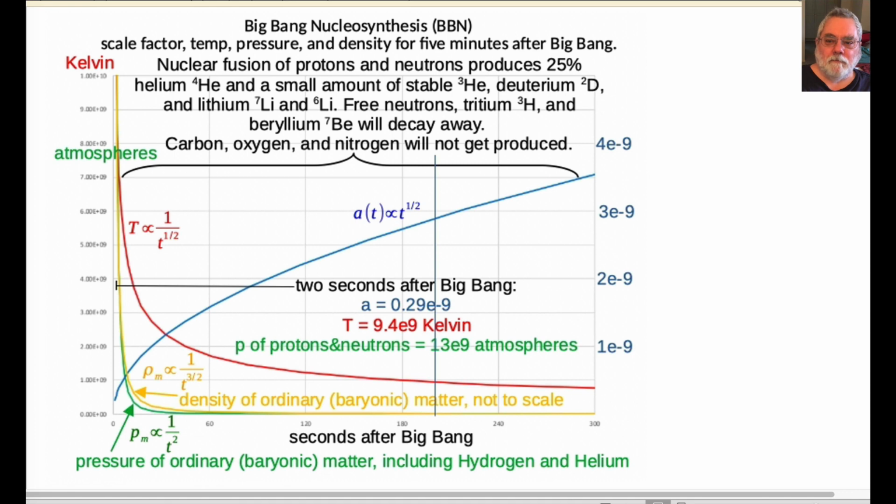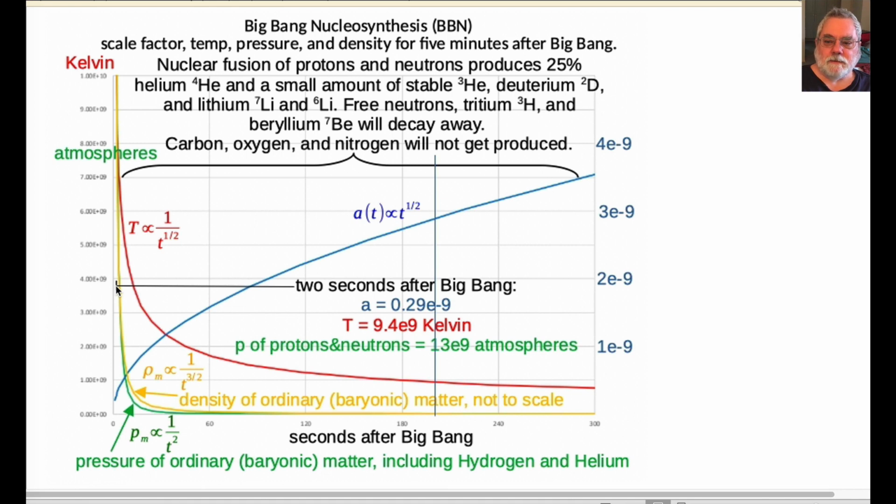For this graph, the horizontal axis is time from 0 to 300 seconds after the Big Bang. 2 seconds after the Big Bang, which is about here, the scale factor is about 3 by 10 to the minus 10th. 3 billion times smaller scale than today.